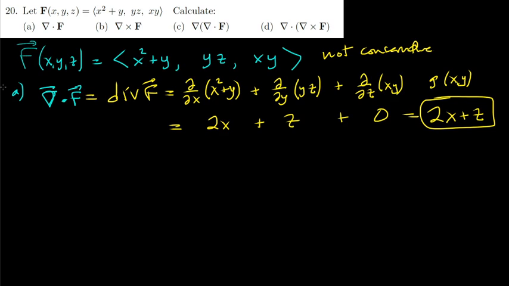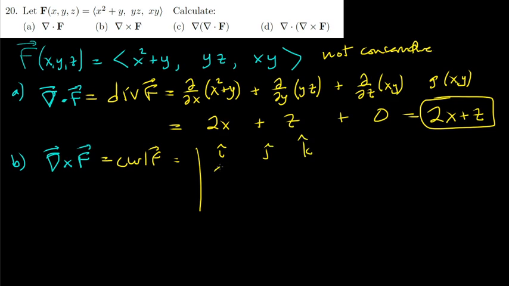Okay. All right. Part B, we take the curl. So del cross F, also known as the curl of F. We've done this before. Again, I like using the determinant because I can never remember the formula just by looking at all the subtractions, what goes where.